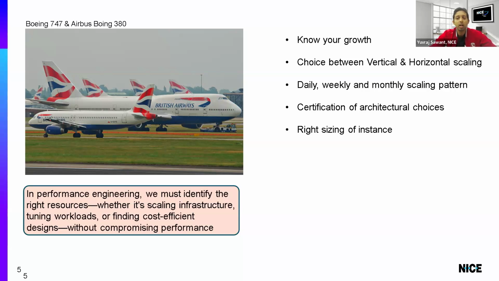Certification and the architectural choices that you make in the software industry are just like the choices of the plane that you make in the airline industry. You will have to certify the architecture also and make the right choices when you make that pick. A right sized infrastructure is going to help you reduce the costs.